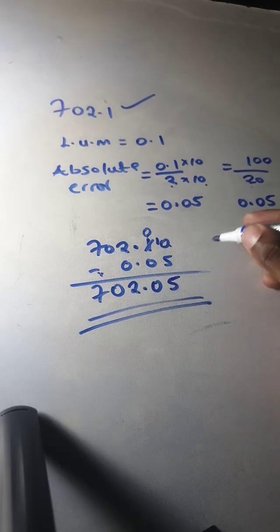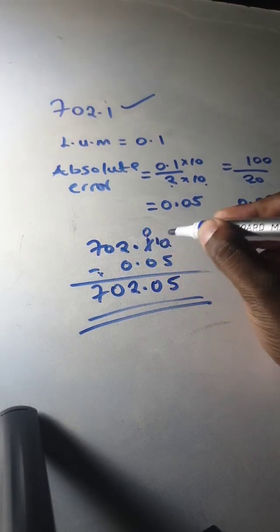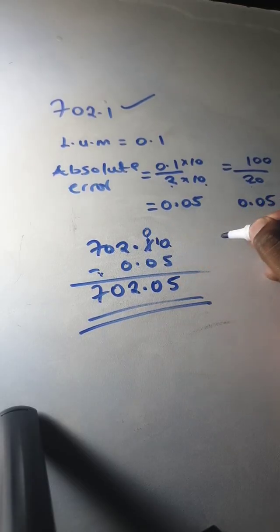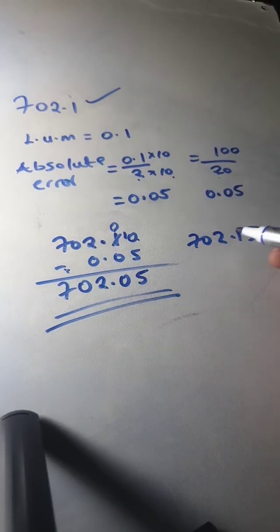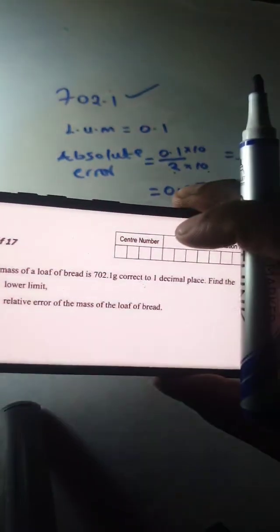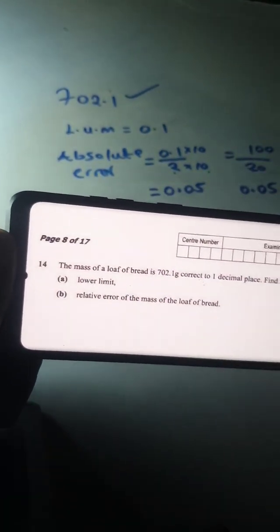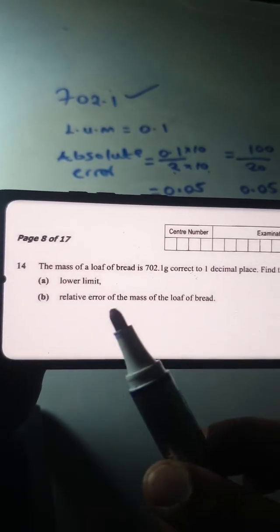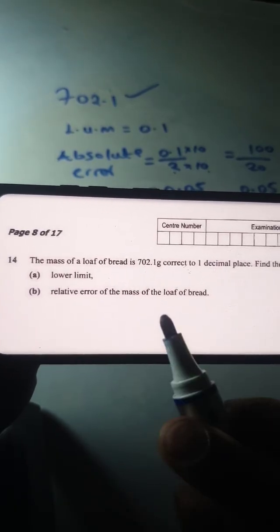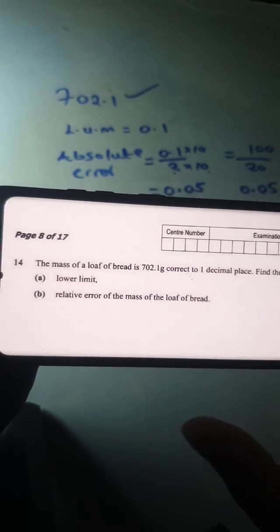The upper limit would have been 702.1 plus 0.05, which would have been 702.15. But since the question is saying find the lower limit, then after we find the lower limit, we find the relative error of the mass of the loaf of bread.